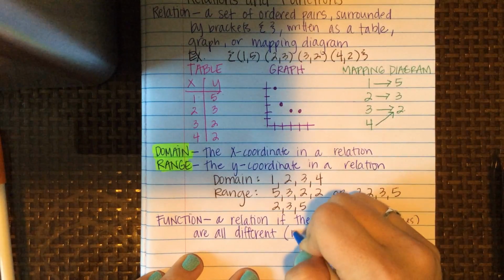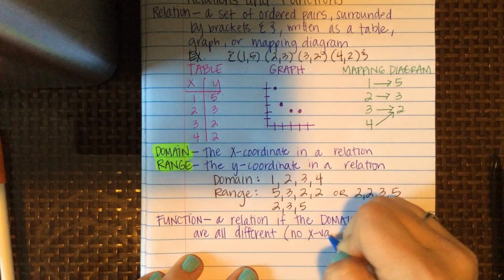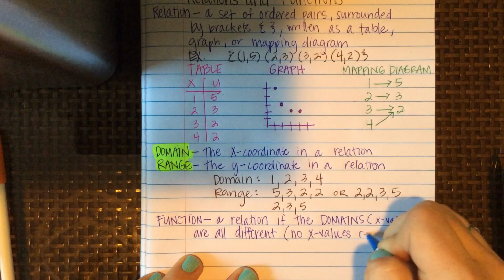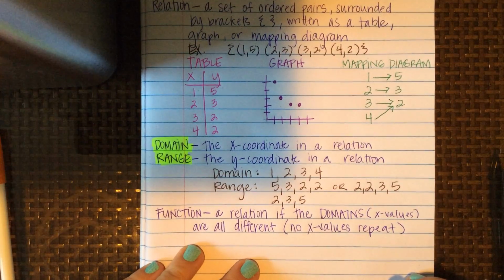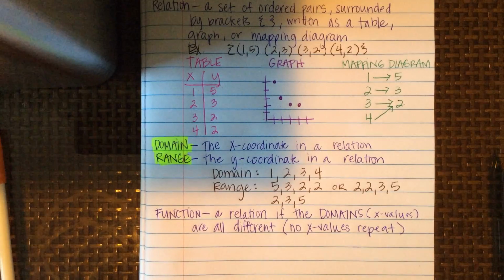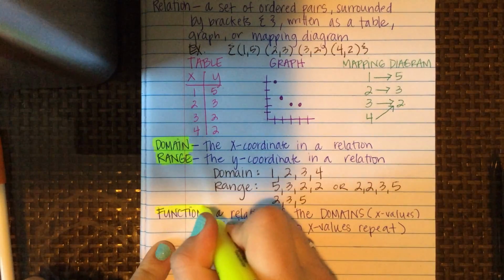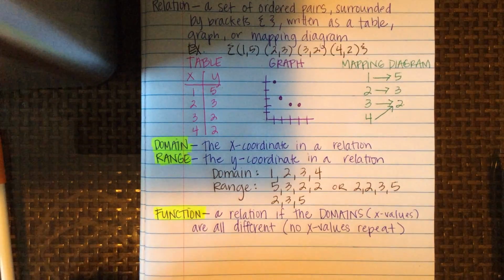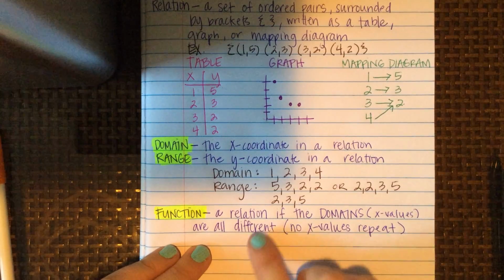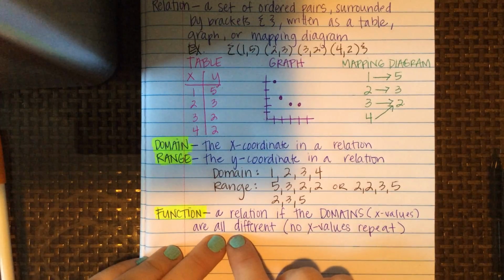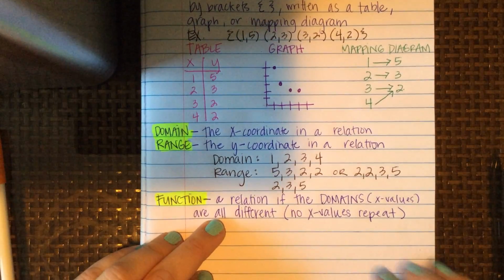That just means no x values repeat. We don't really care about the ranges. We only care about the domain, the x value. The y value can repeat and it's fine and it's not a big deal. But if the domains repeat, no, it is not a function. If all of the domains are different, yes, it is a function.